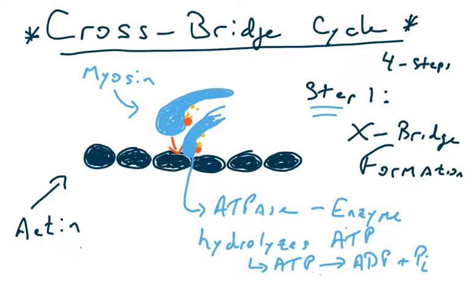And as the myosin head attaches to the actin, this particular phosphate that has been hydrolyzed is released, causing this bond between the myosin and the actin to become stronger.